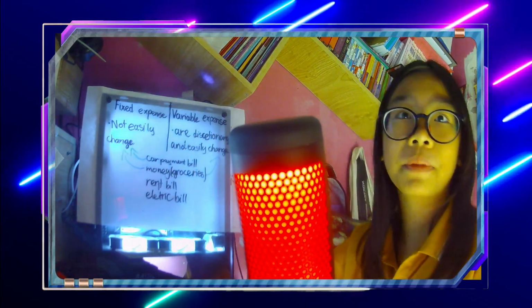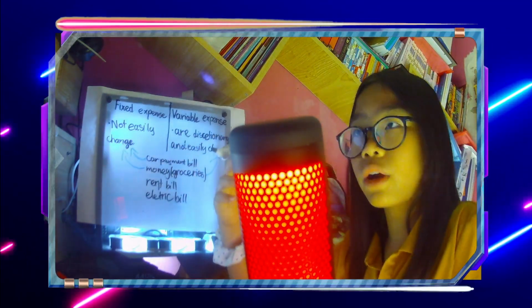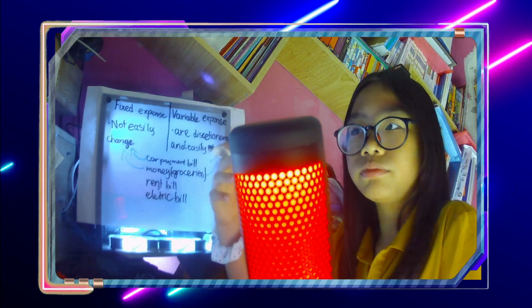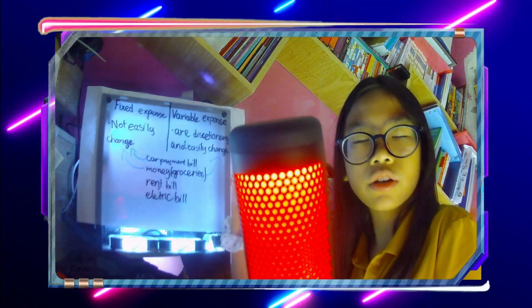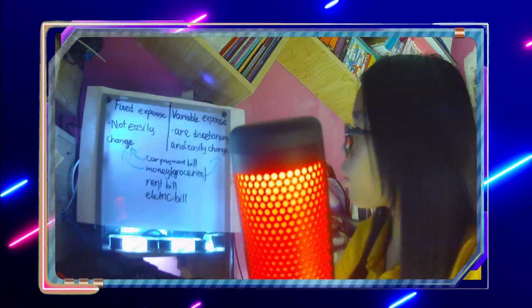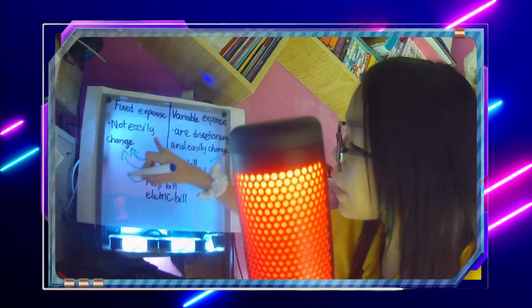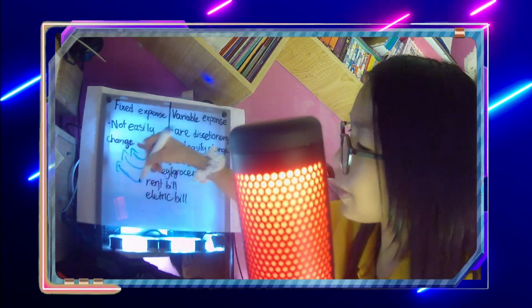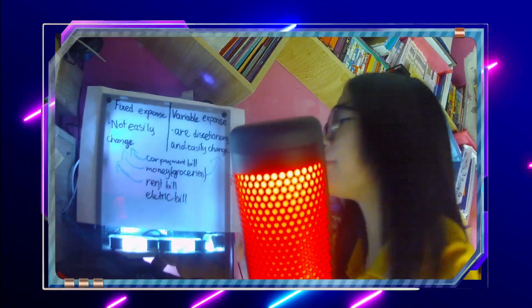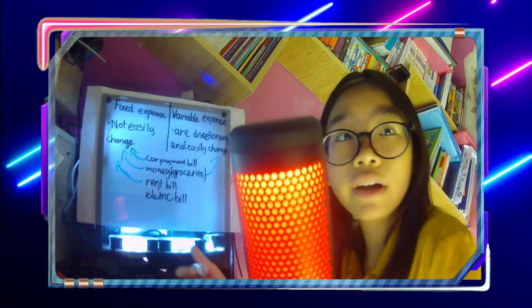Maybe your house becomes more beautiful, or maybe you have to pay more money on something else. So rent bill is a fixed expense, because when you're renting something, it's always the same amount of money.